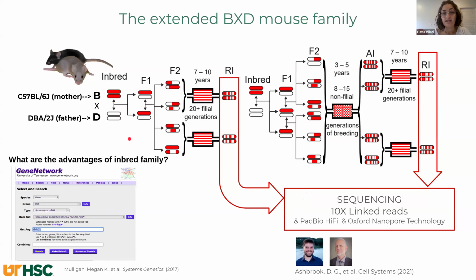So in mouse, we have the same structure, this is another inbred family called BXD. And we have 21 million quantitative traits already present in this database. So this is a pretty cool data set to do some phenotype-genotype association.